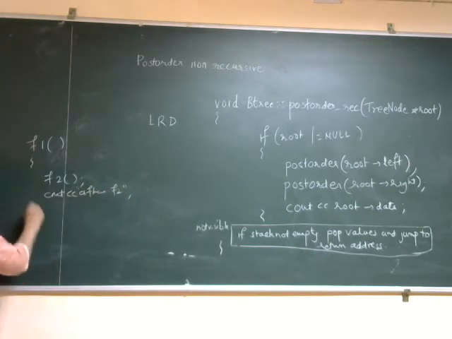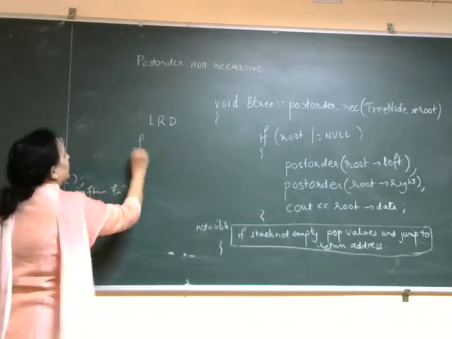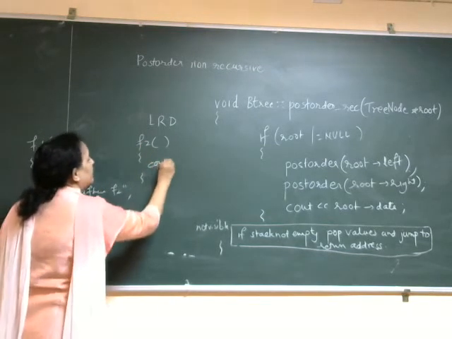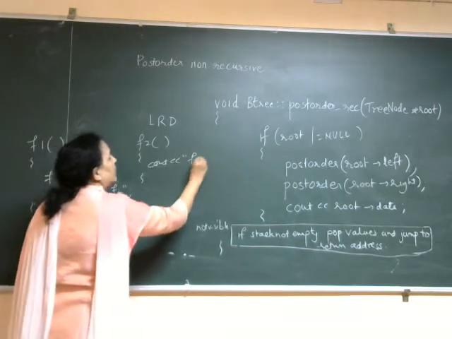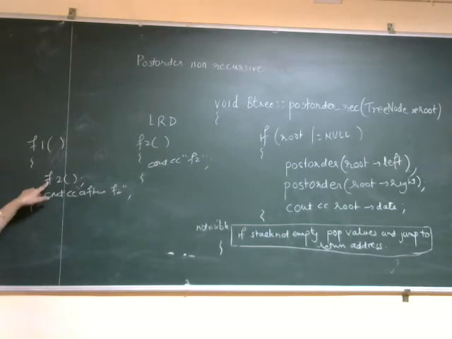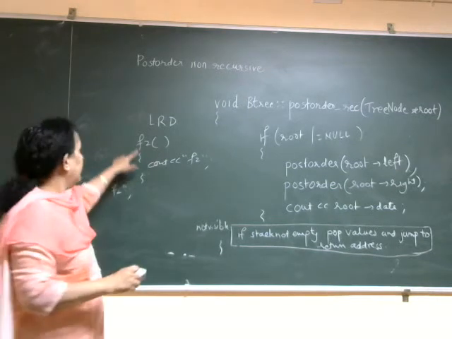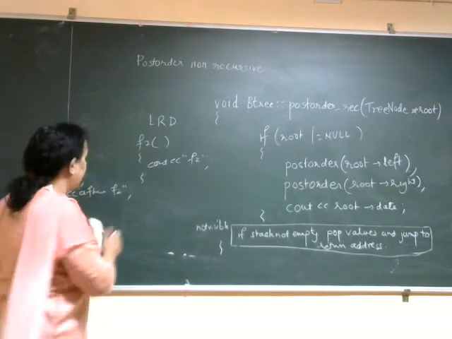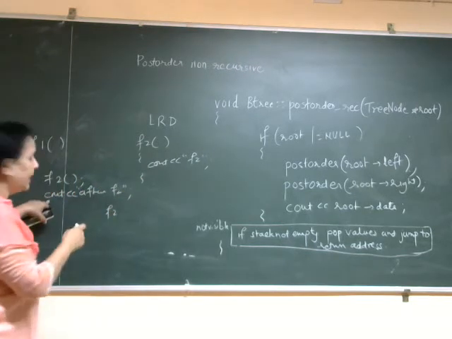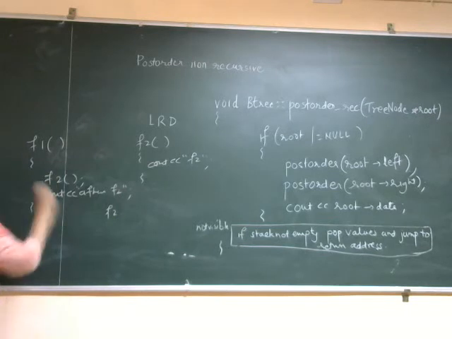And in the f2 function suppose I say cout f2. Now what will happen in f1? I have called the f2 function, so it will jump to f2, display f2, and after completing f2 it will come to the next statement. That is called the return address.